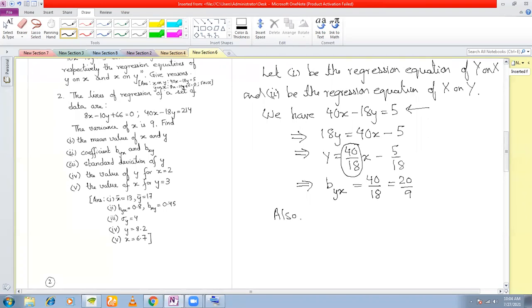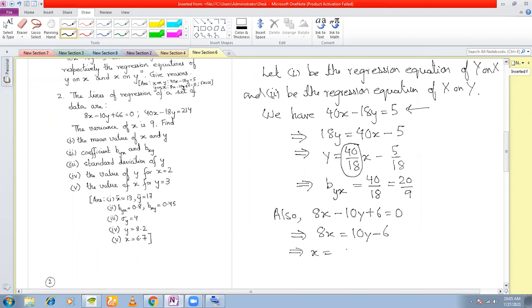Also, what have we assumed? We assumed the equation 2 to be the regression equation of x on y. So this time we start with this equation, but here we are going to make x the dependent variable. We are going to write it as 8x is equal to 10y minus 6.